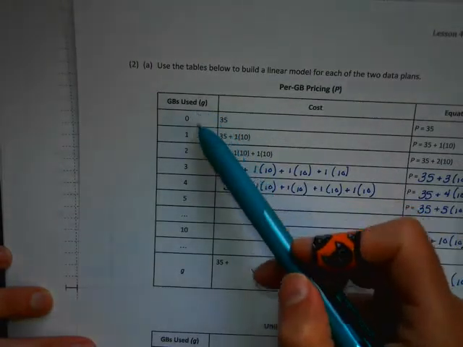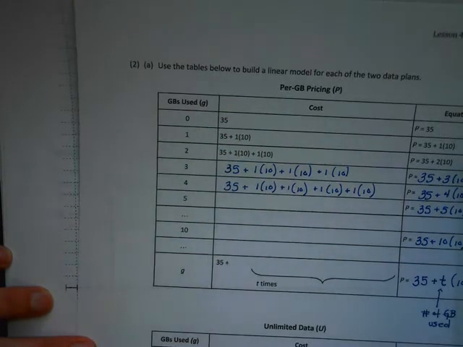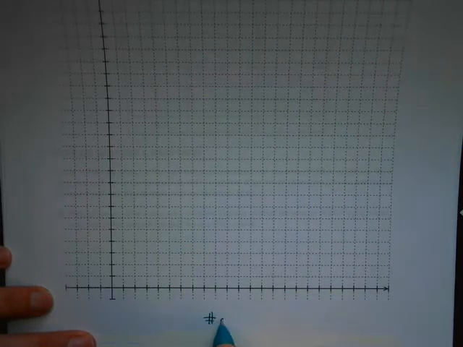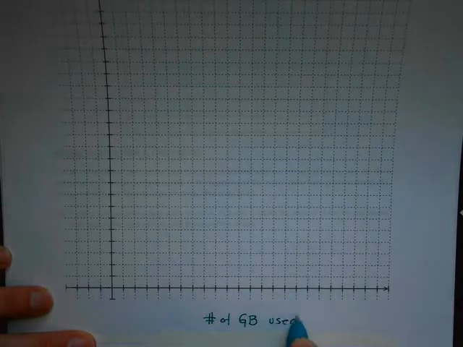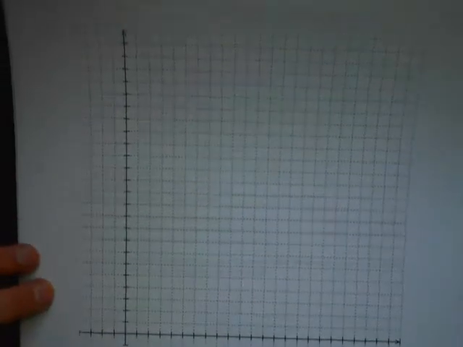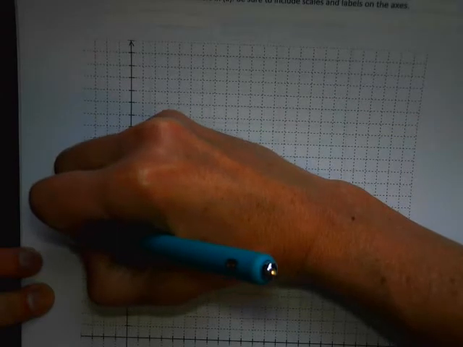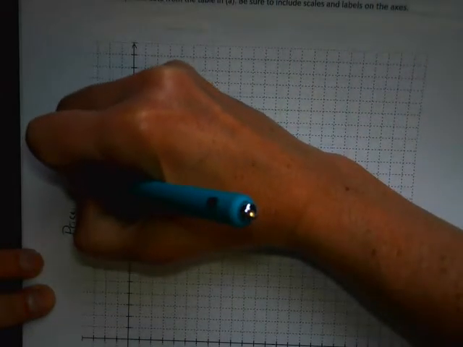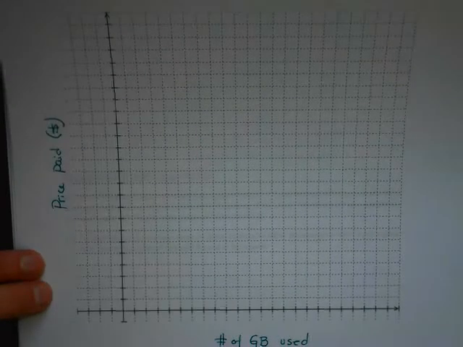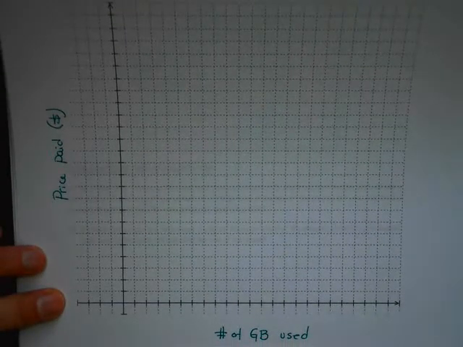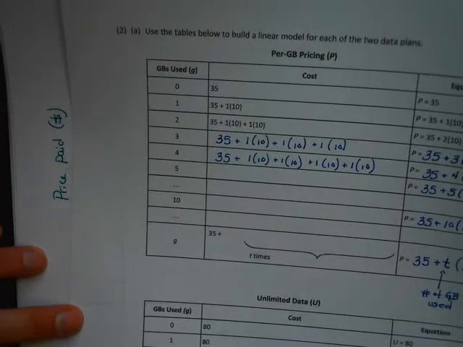All right, so this is going to be the number of gigabytes used, and then on the vertical is going to be the price paid in dollars. So in all those P&Ls where we had to practice graphing, this is the reason why. All right, so it looks like it goes anywhere from 0 to 10, right? Kind of basic, 0 to 10 gigabytes.